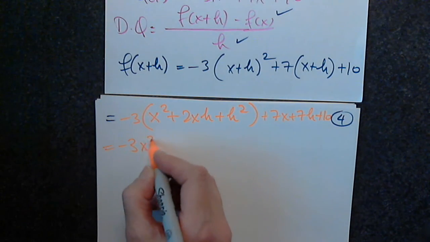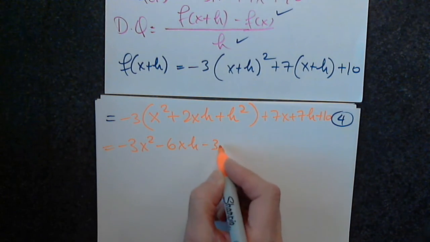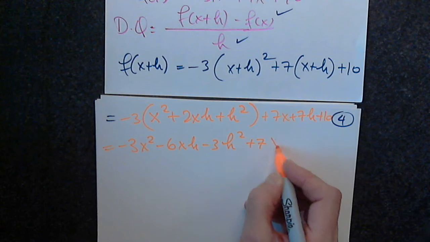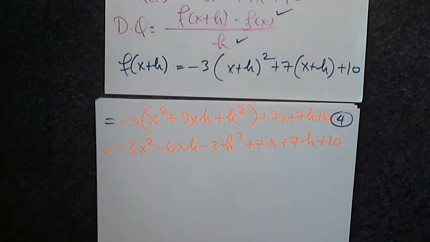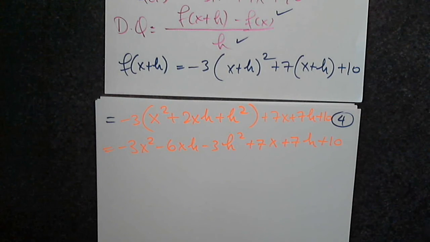So this is negative 3x squared minus 6xh minus 3h squared plus 7x plus 7h plus 10. It will only take you longer.